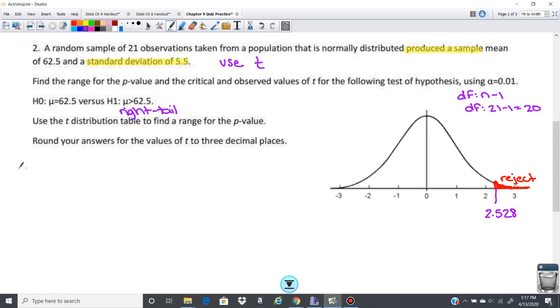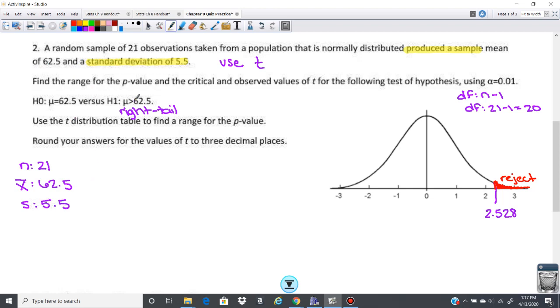So we have a sample size of 21. We have, let's see, sample mean of 62.5. We have a standard deviation of 5.5 inside that sample.